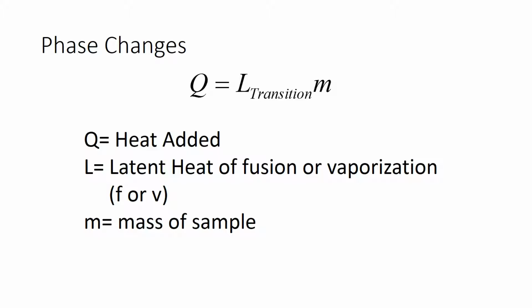And M here stands for the mass of the sample. You'll notice, of course, that there is no inherent temperature change, so there is no delta T term. We just have our heat added, our property of the material, and our amount of the material. And the constant of change depends on the identity of the material.